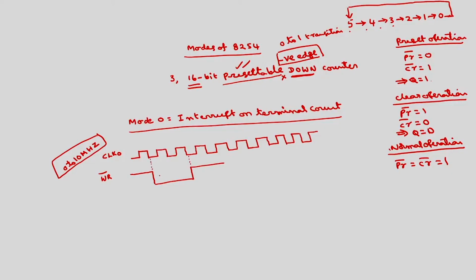After that, we can load any count value, say n is equal to 4. This n can be any 16-bit number because these are all 16-bit counters, so we can feed from 0000H to FFFFH. For simplicity, I have taken just n is equal to 4 for explanation purposes.